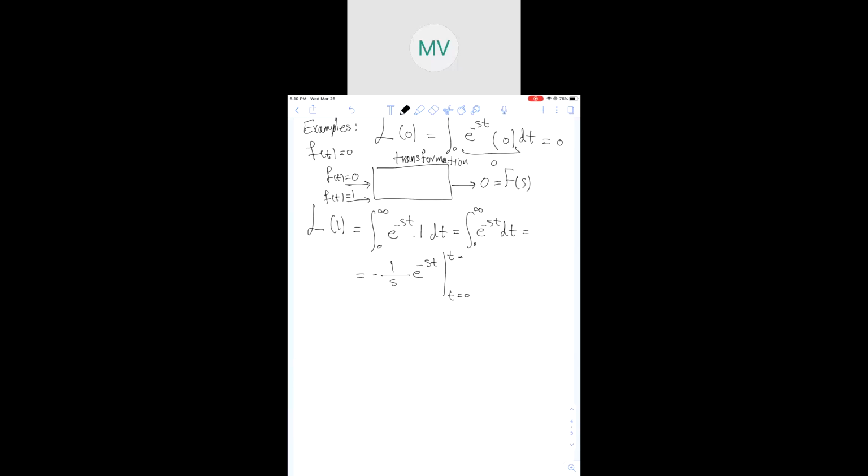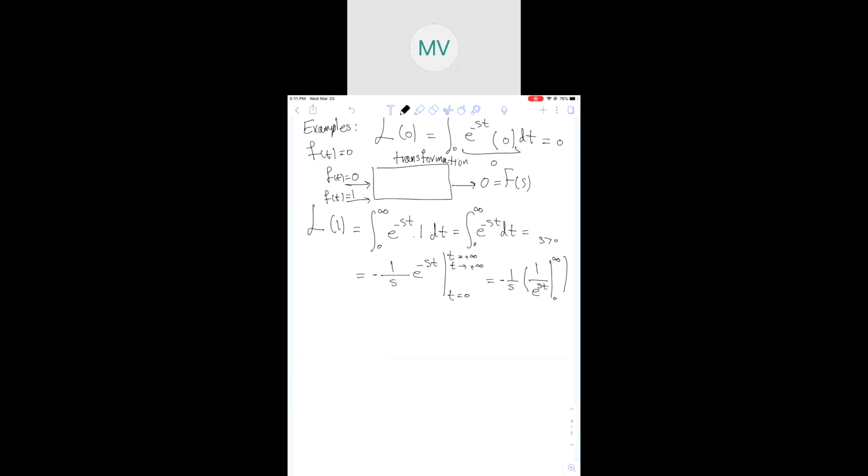Or to be more precise, we should say when t approaches infinity. Okay. So let me rewrite it this way. This is negative 1 over s, which is a constant, times 1 over e to the st, evaluated from 0 to infinity. And remember, s is a positive value.